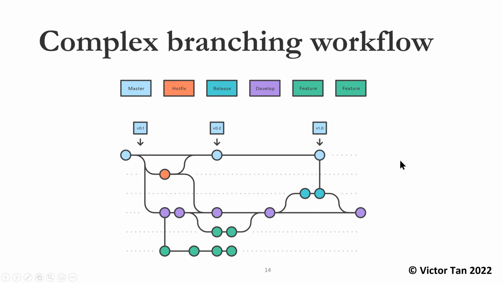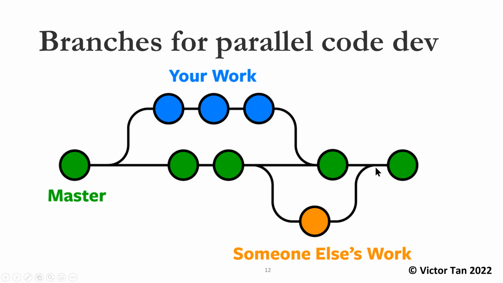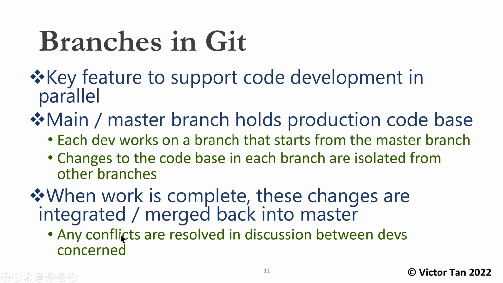The reason is because when you have many feature branches, at some point when you merge them back into the master branch, the chances of a conflict are very high. When you have a conflict, you have to resolve it, and this means that multiple developers need to get involved.